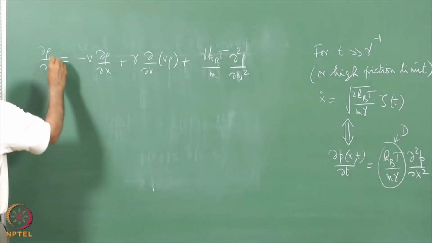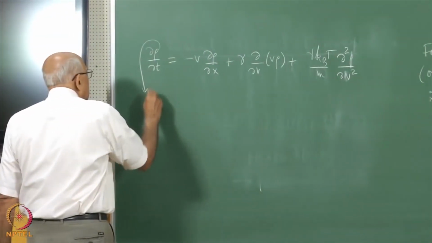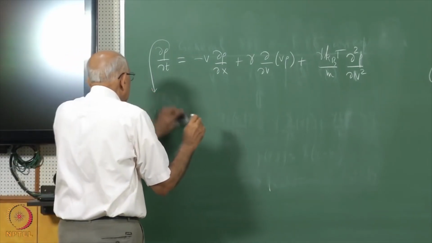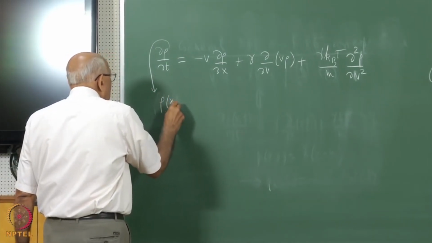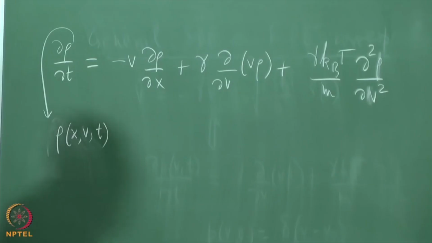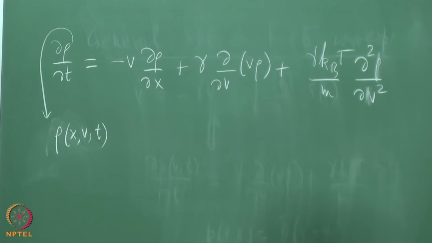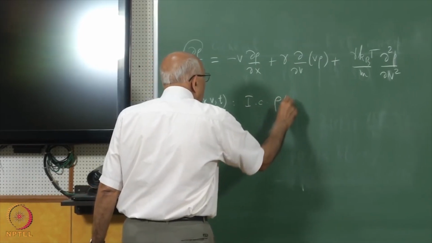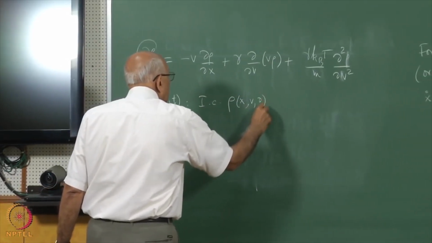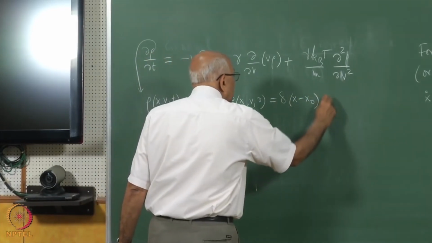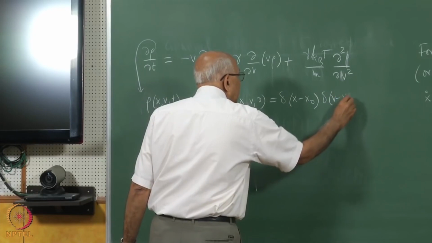This is the equation satisfied by the phase space density rho of x, v and t, and you are supposed to solve this equation with some given initial conditions. So, you are supposed to solve it with the initial conditions rho of x, v, 0 equal to delta of x minus x naught delta of v minus v naught.